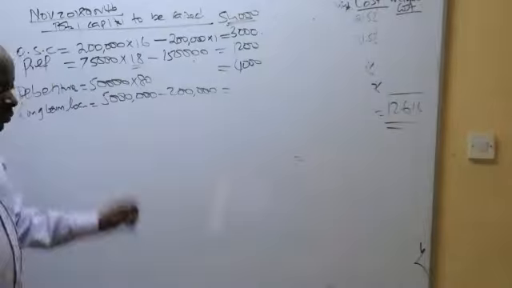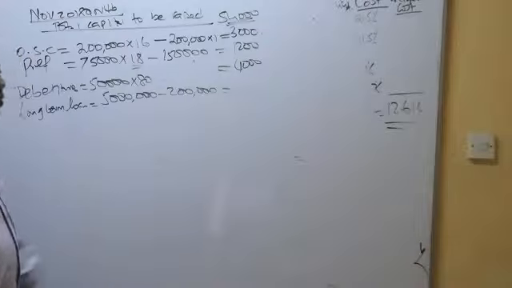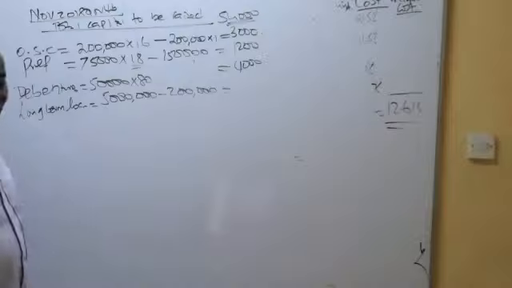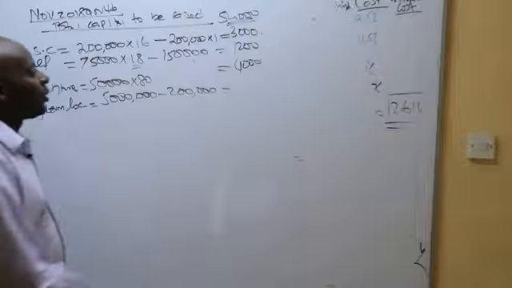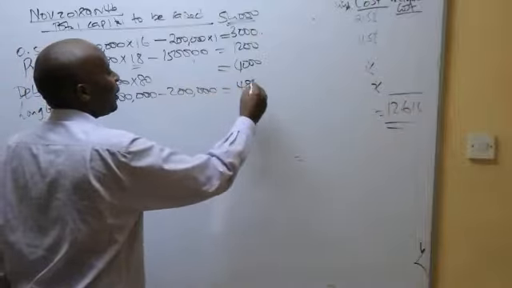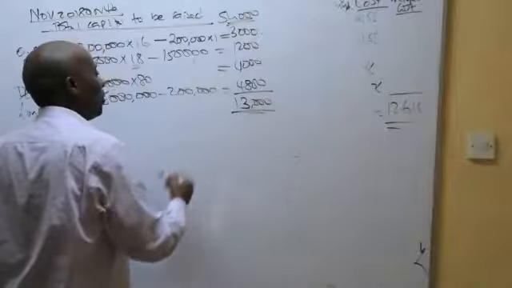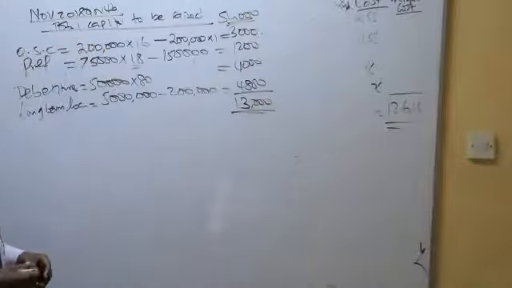No, that is for debentures. How about the long-term loan? The long-term loan, I'm being told, is 4,800. So please come and add. And we should be able to get 13,000 in terms of shillings thousands.